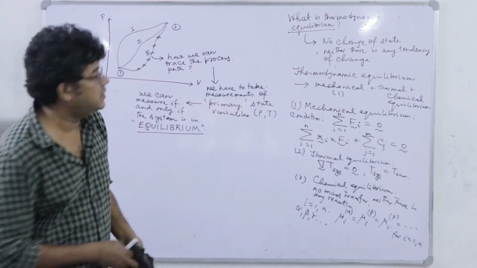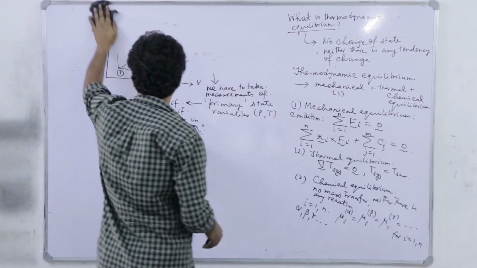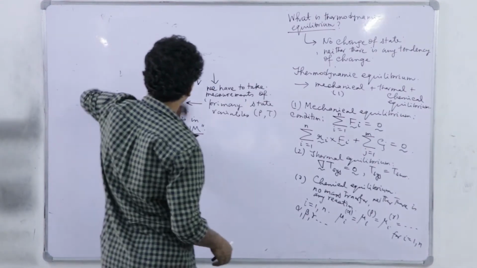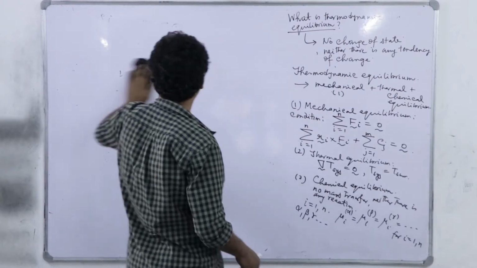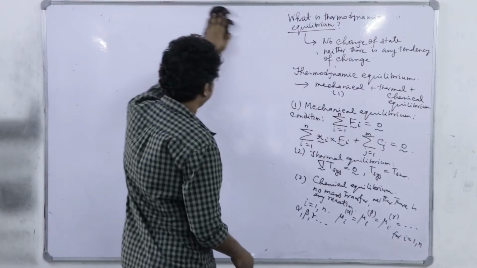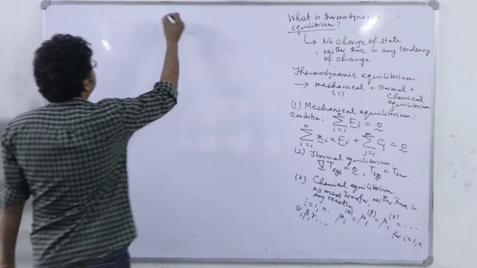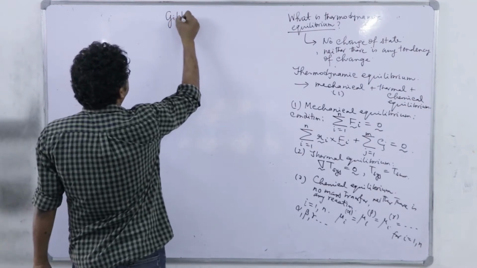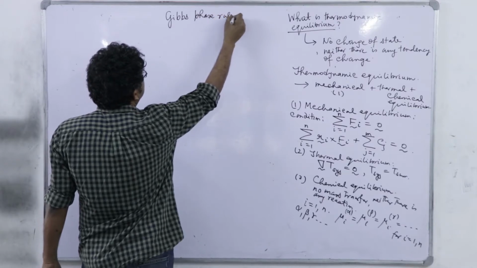So, in relation to these phases and components, let us again revisit the Gibbs phase rule before we start discussing the details regarding tracing the path of a process. What does it state?